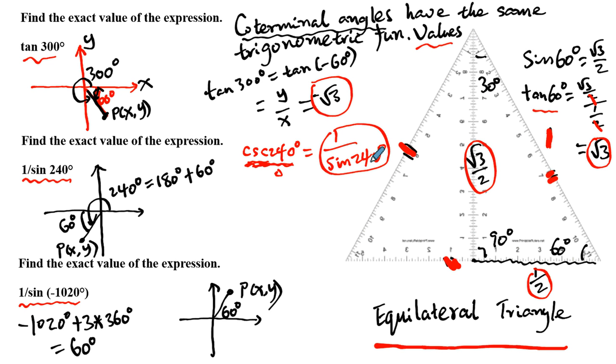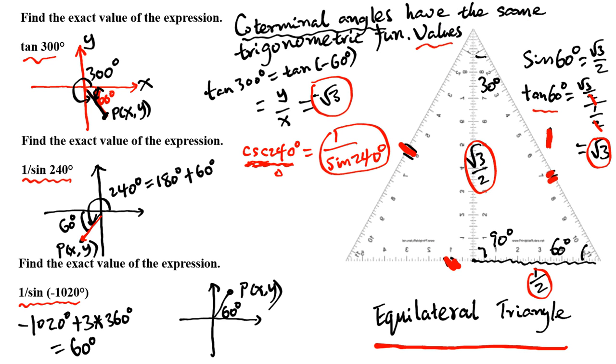I changed this one to 1 over sine 240 because I didn't tell you cosecant is defined in this way. Again, we first need to locate where the terminal side is, because co-terminal angles have the same trigonometric function values.